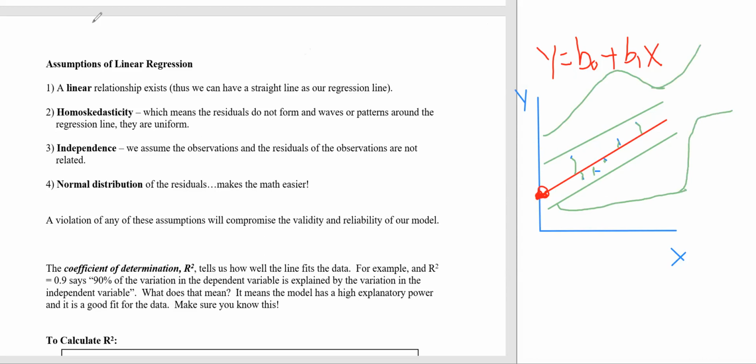So this leads us into the next assumption of homoskedasticity. It means the residuals don't form any waves or patterns around the regression line. It's nice and uniform. If there were these patterns, then that's referred to as heteroskedasticity.